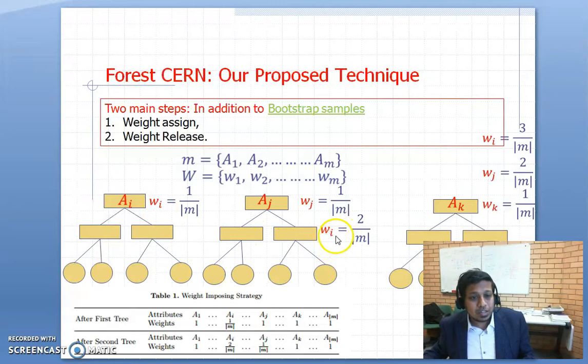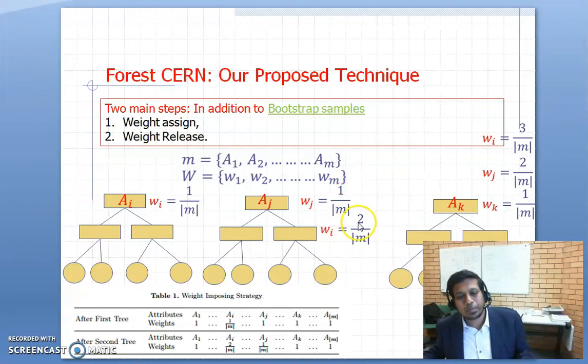So for building the third tree, the weight of attribute Ai is 2/m, and because the attribute Aj has been tested at the root of the most recent tree, the weight remains for attribute Aj as 1/m. With this weight combination, we then build the third tree.